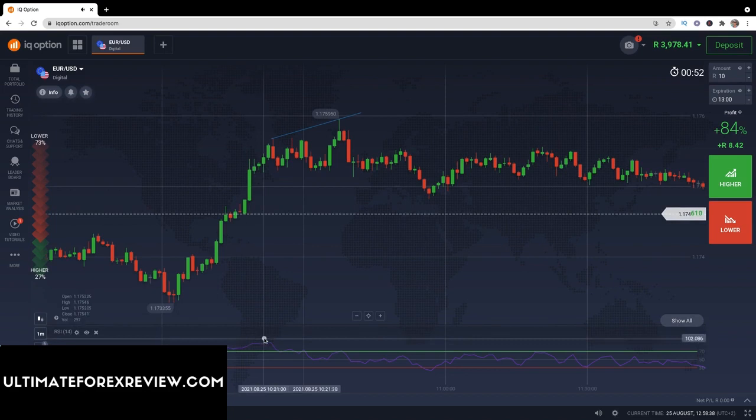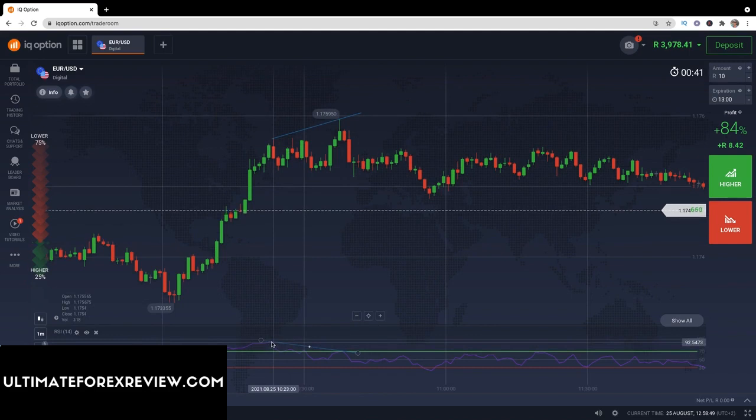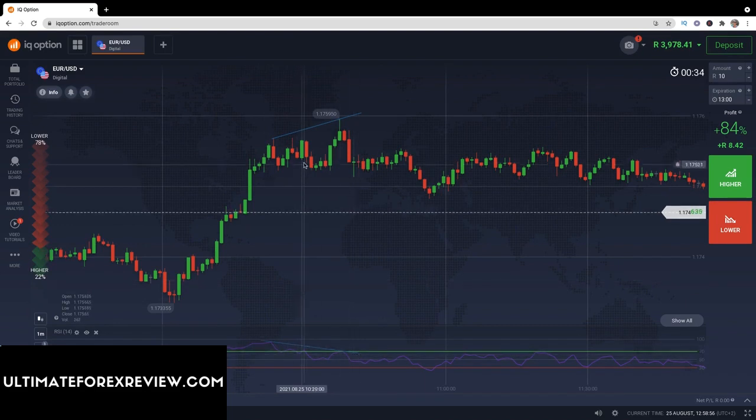Let me draw that in. So we have a contradiction of our price moving upwards and our indicator showing us that we have potentially shifted momentum to the downside. Okay.